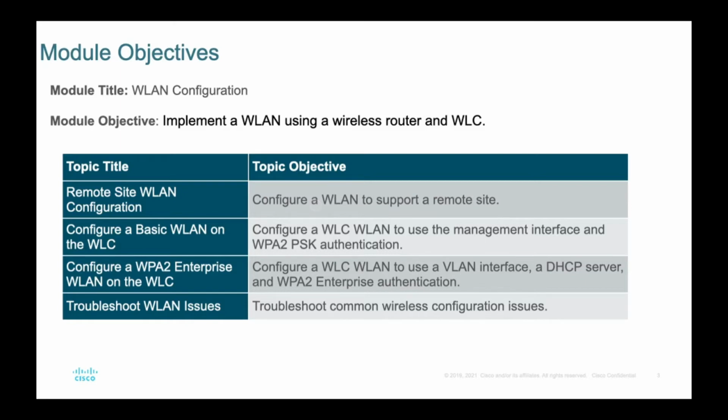We need to configure our WLAN controller in order to use that. So in this topic, we are going to do several activities or experiments, such as creating a VLAN interface to be used with the wireless LAN, enabling or setting up the HTTP server, enabling SNMP even though it doesn't state it here, and lastly doing WPA2 enterprise authentication.